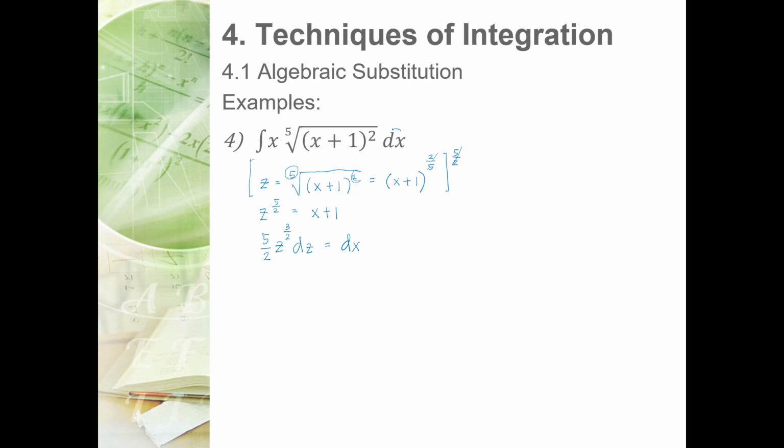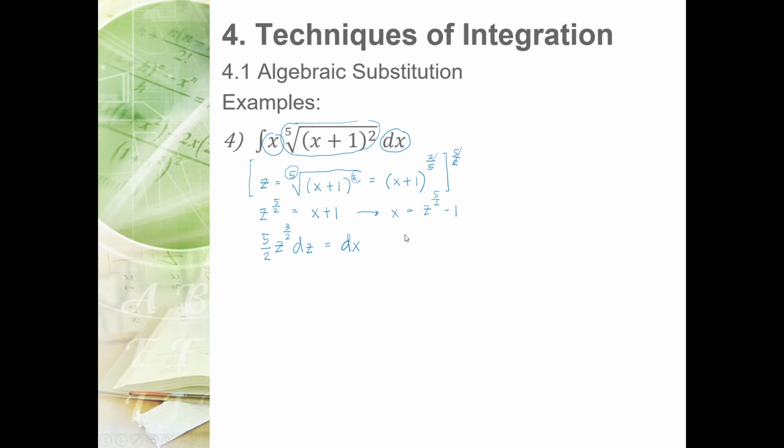So we have dx, we can replace the fifth root of x plus 1 squared. For the x variable, we can manipulate this term here. This gives us x equals z to the power of 5 halves minus 1.